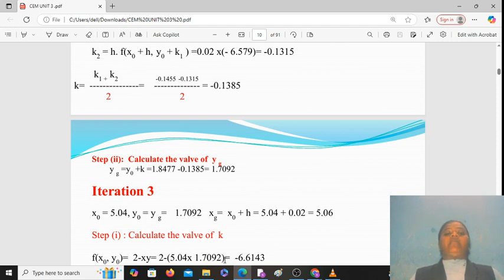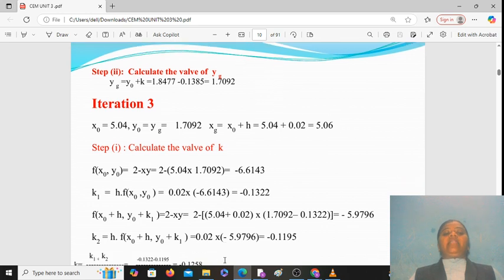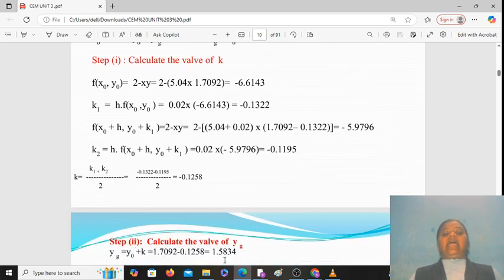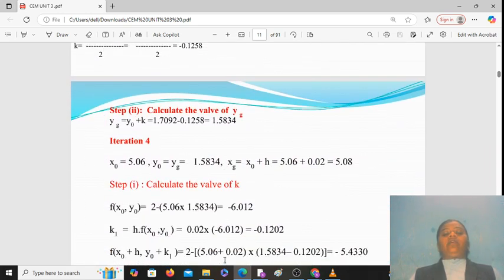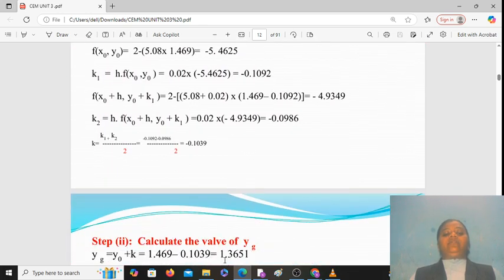We got the answer minus 0.1385. Similarly, we calculate yg, that is y0 plus k. The answer is 1.7092.